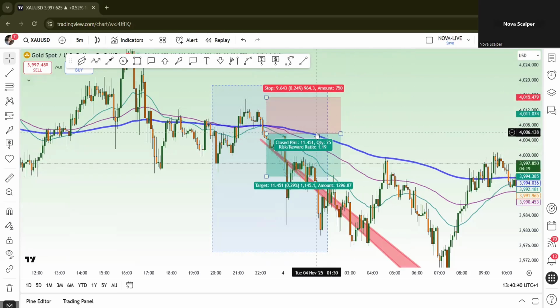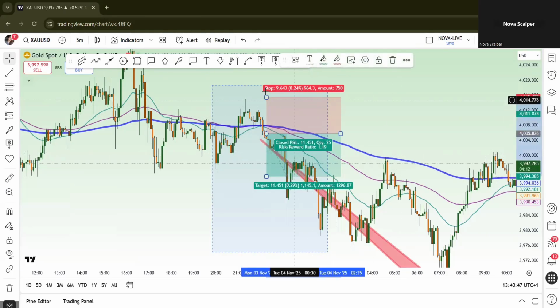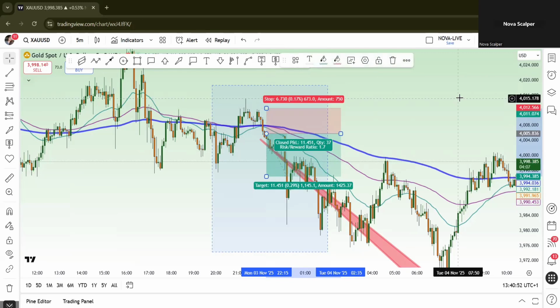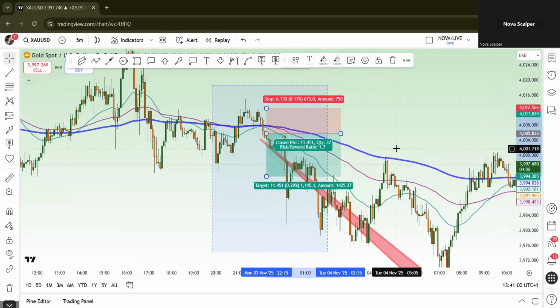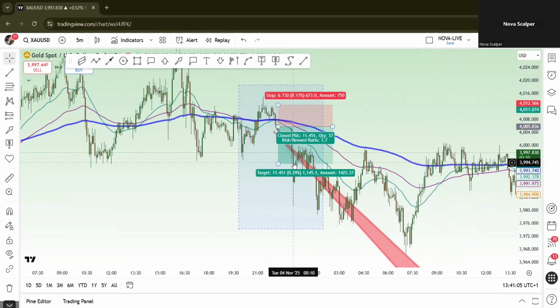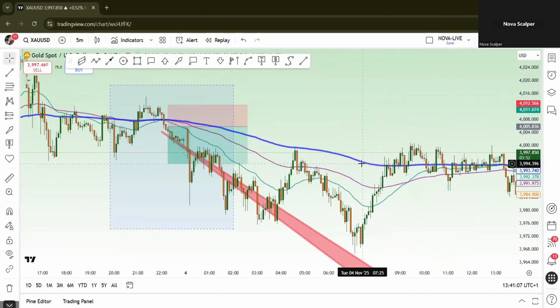Obviously you can see the risk reward ratio is 1 to 1.1. So you can lower your stop loss a bit to 40.12 and it will increase your risk reward ratio up to 1 to 1.7. And obviously this signal started dropping down drastically.